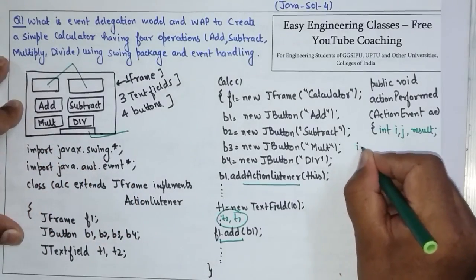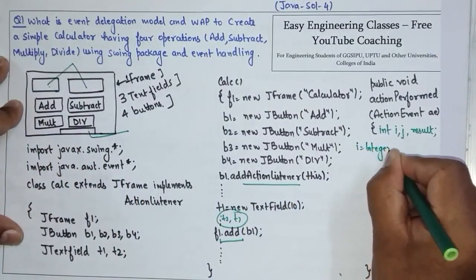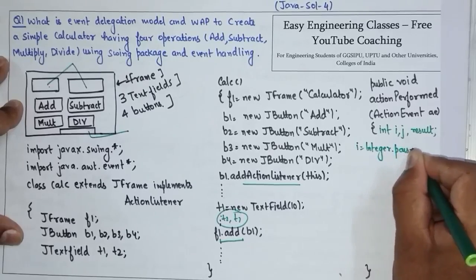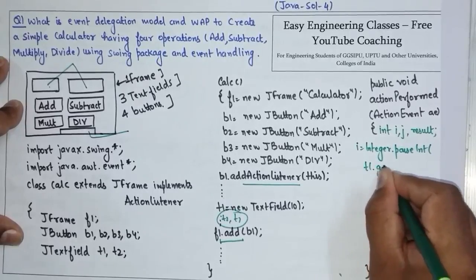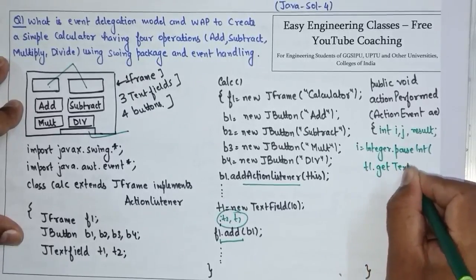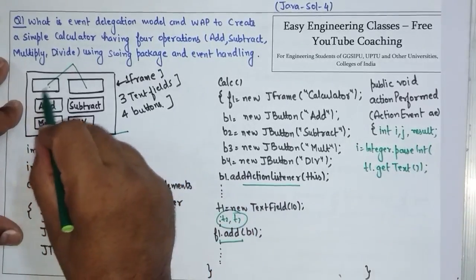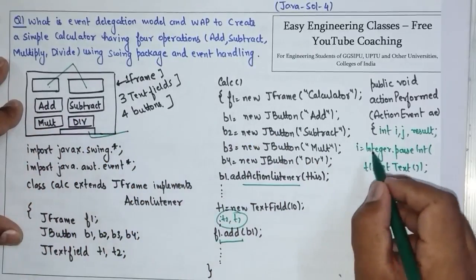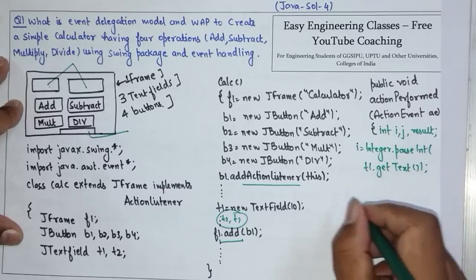So i is equals to Integer.parseInt(t1.getText()). t1.getText() will return the value present in this text field as a string, and with the help of Integer.parseInt I am typecasting that string into integer.